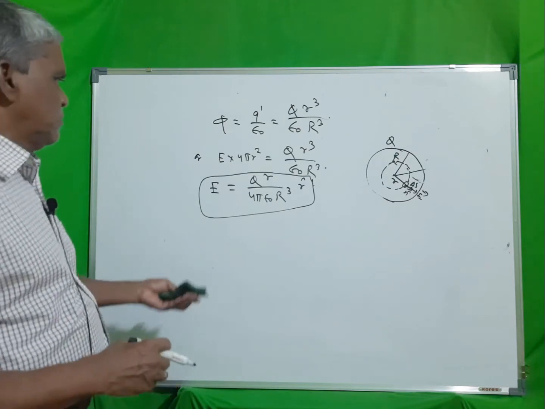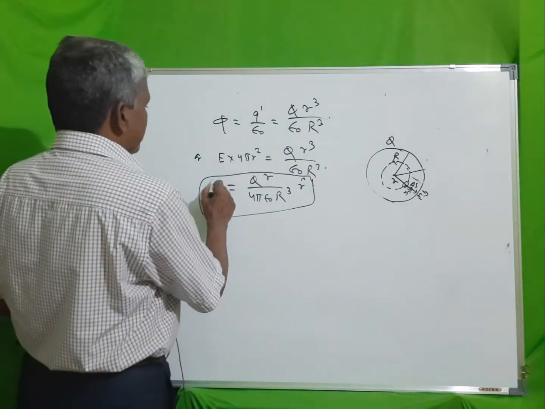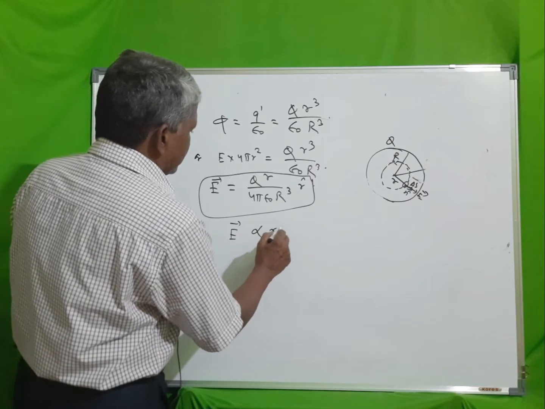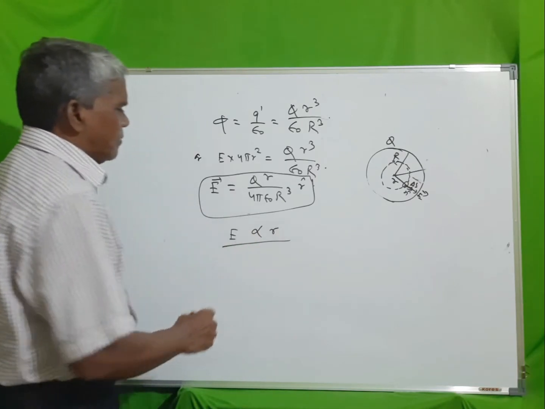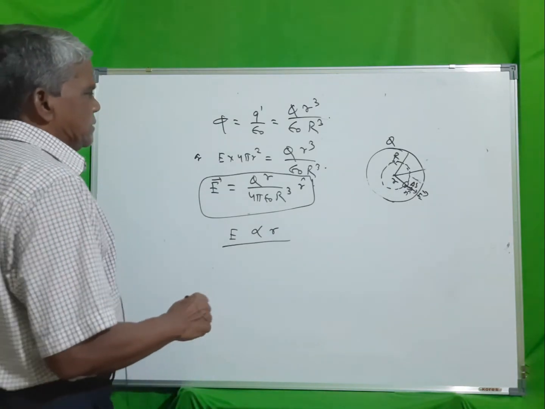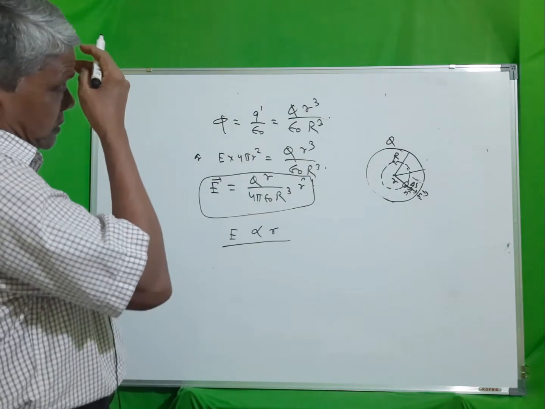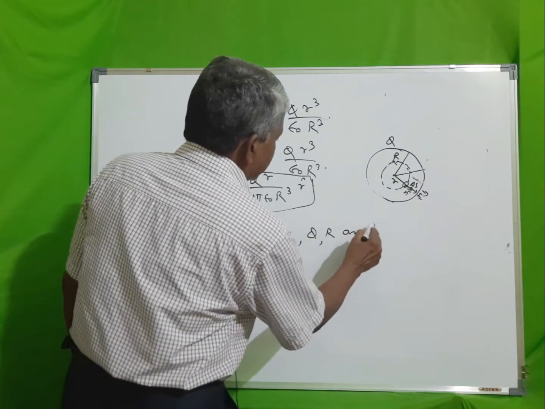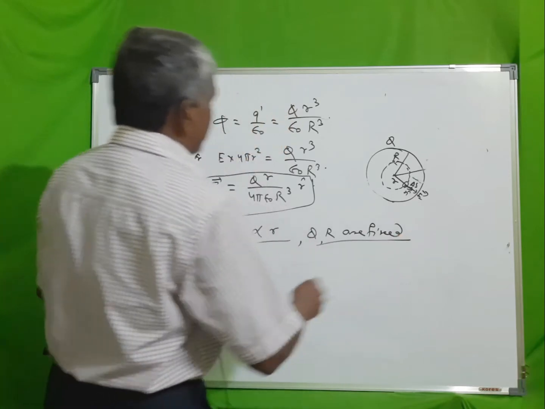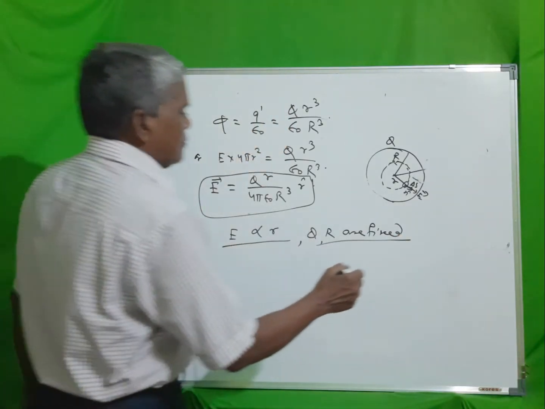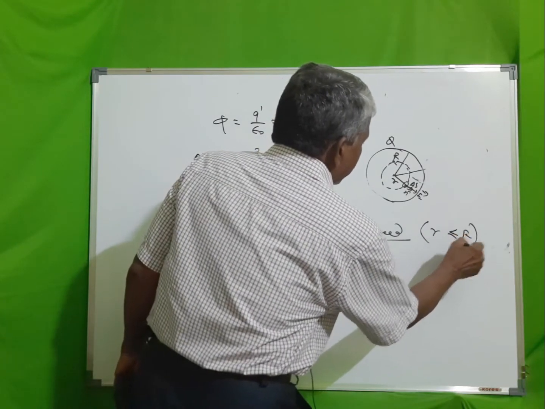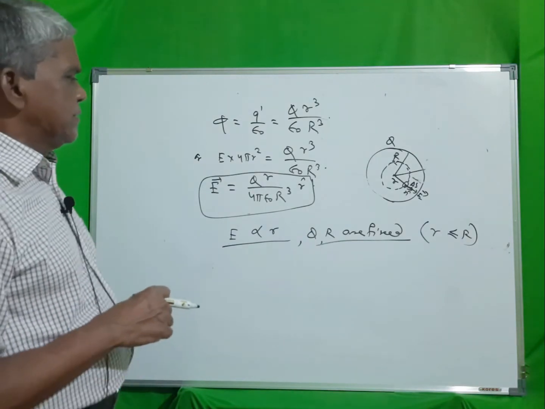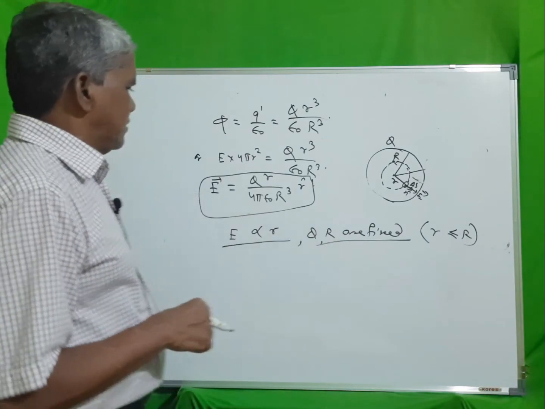We observe that for a point inside, the electric field is proportional to the distance of the point from the center, since Q and capital R are fixed for any inside point, for r less than or equal to capital R. When the distance is equal to or less than the radius, the total charge and R are constant.